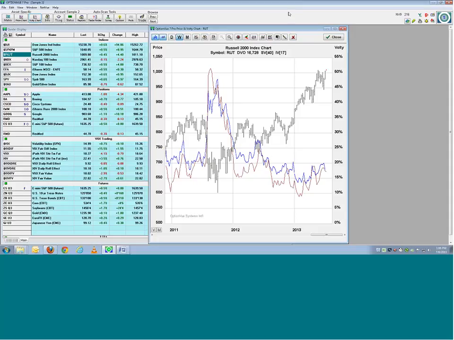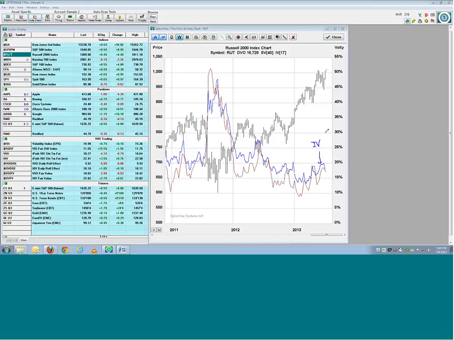Now let me get out my little annotation tool so I can get into this. Get my little pencil, and I'm going to bring in the blue first. Okay, the blue line here is implied volatility. We call it IV. This reflects the volatility implied by the time premium in the options.